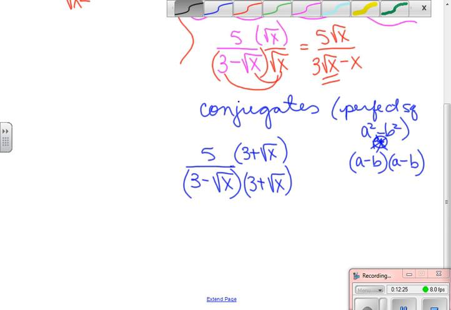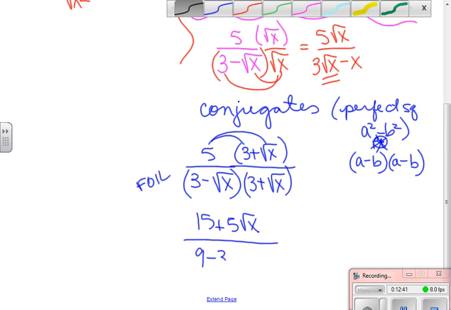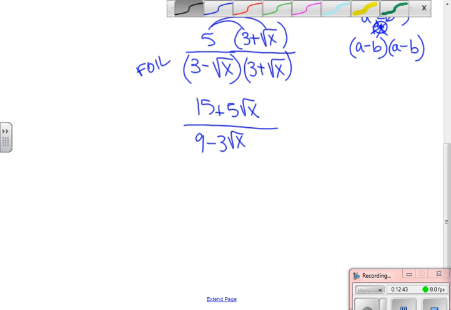So then, when I work this, I have distributive property in the top, so 15 plus 5 radical x all over, FOIL the bottom. 3 times 3 is 9, minus outside 3 square roots of x, inside plus 3 square roots of x minus last square root of x times the square root of x.